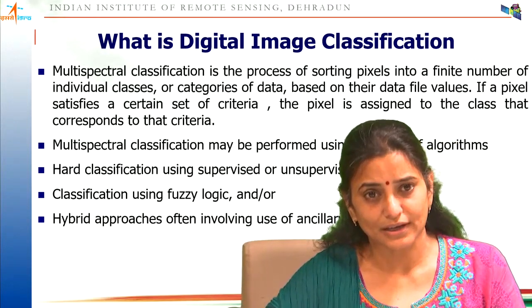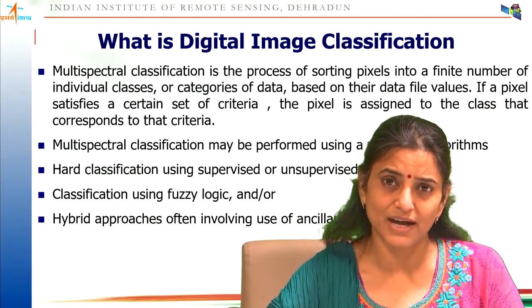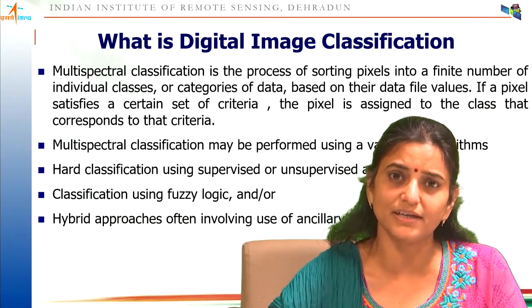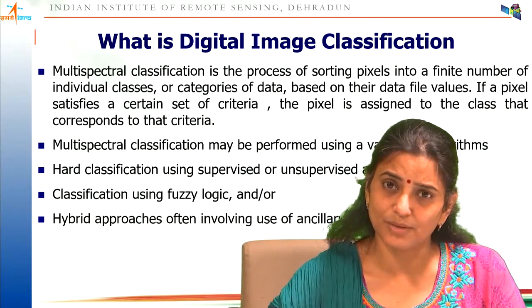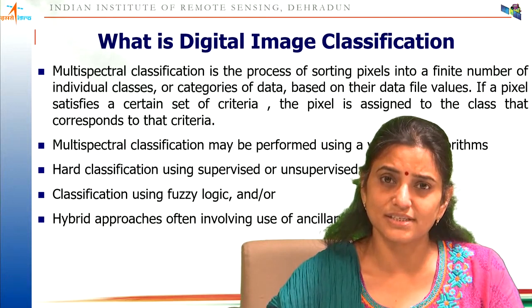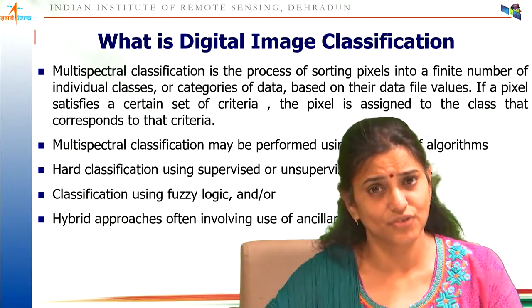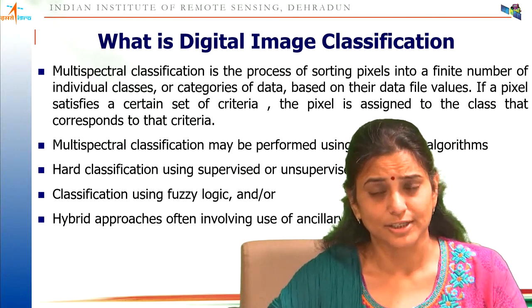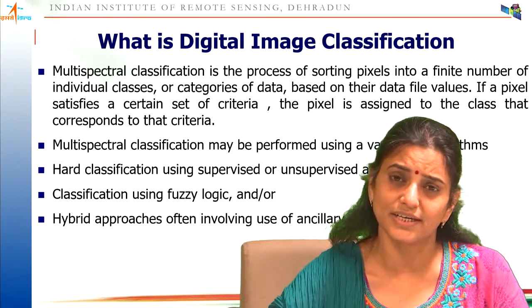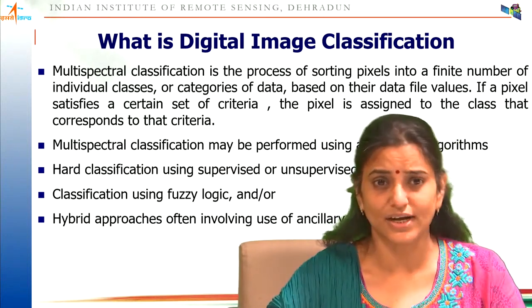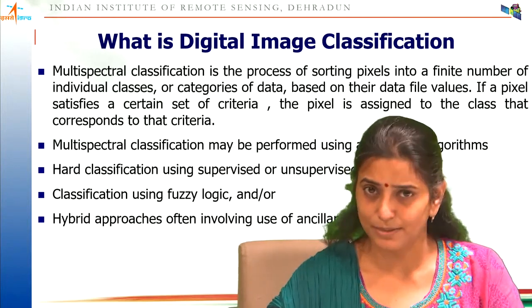So this data is collected in various spectral bands, so it has different layers of data available with it. These layers will be based on the sensor that the satellite has. Your data can have 3 layers, 7 layers, 10 layers, and in case of hyperspectral images, your data can have more than 100 layers. We will be talking only about multispectral images.